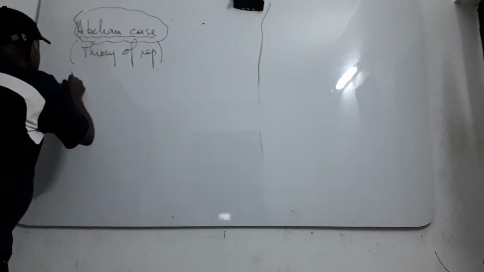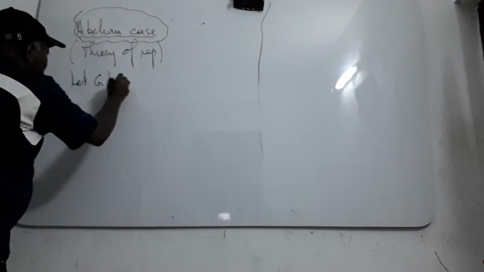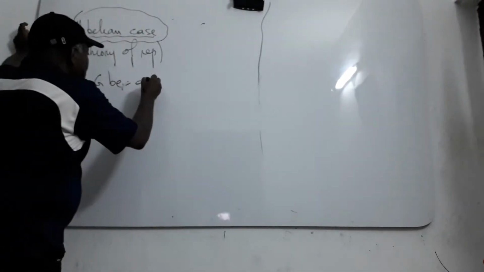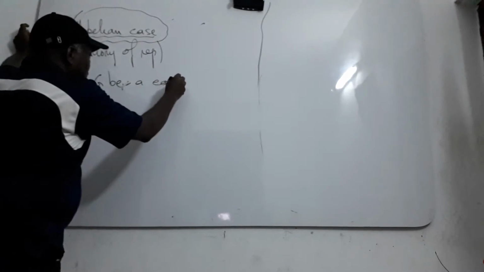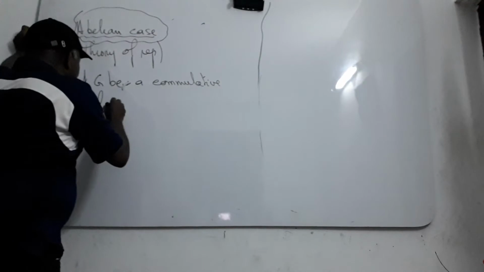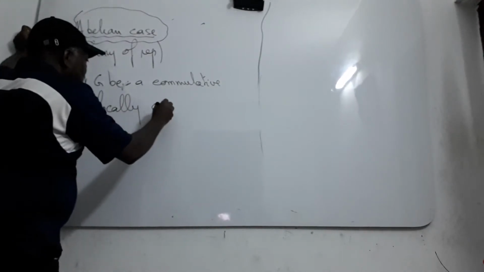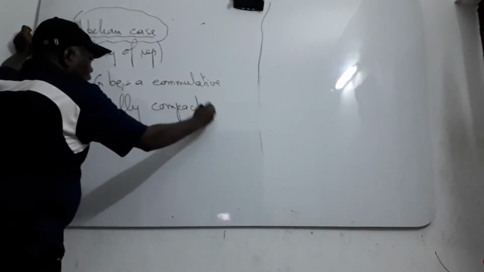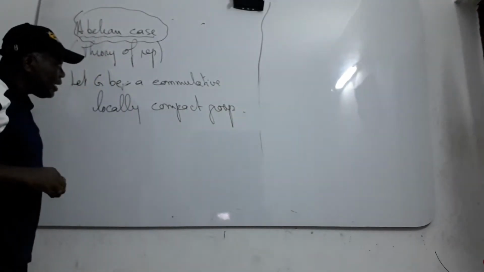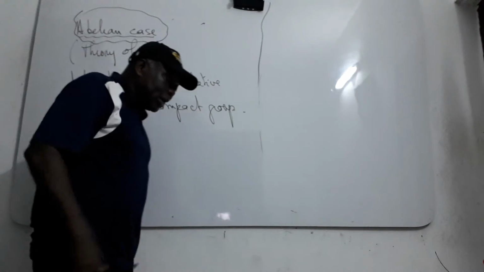Let G be a commutative group, a commutative locally compact group. G is a commutative locally compact group.